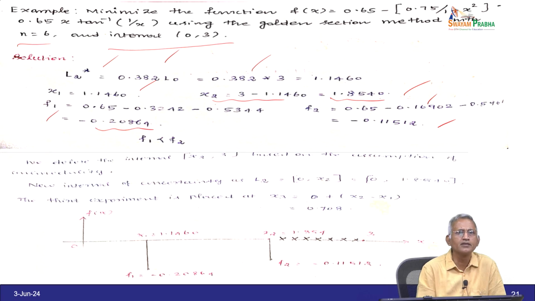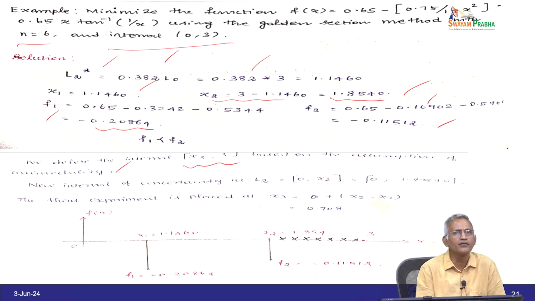Now, the interval is x2 to 3, based on the assumption of the bounds of the equations.